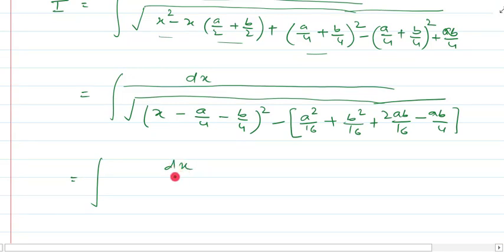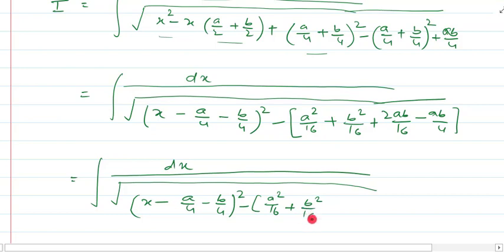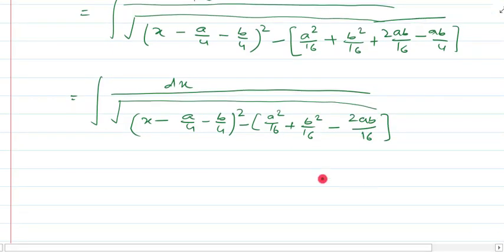Further solving this, we are getting dx upon square root of (x minus a upon 4 minus b upon 4) whole square minus (a square by 16 plus b square by 16), and solving these two we are getting minus 2ab upon 16, which is clearly the whole square of (a by 4 minus b by 4).